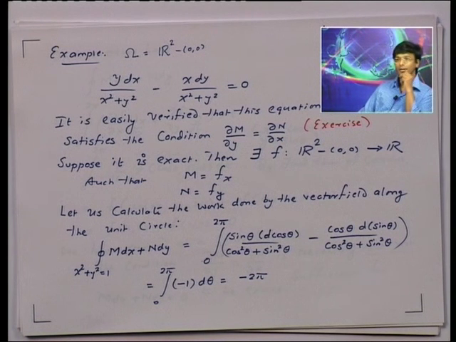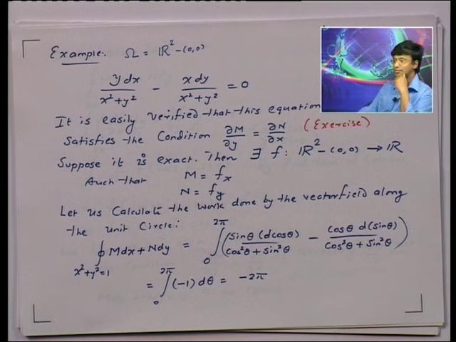How do you calculate the line integral? You parameterize it: x equal to cos theta, y equal to sin theta. So you see sin theta times d of cos theta minus cos theta times d of sin theta, that is y dx minus x dy. The denominator is sin square theta plus cos square theta, that is 1.